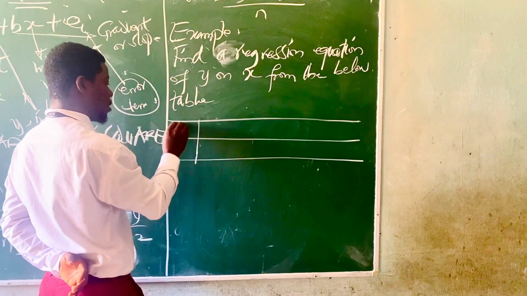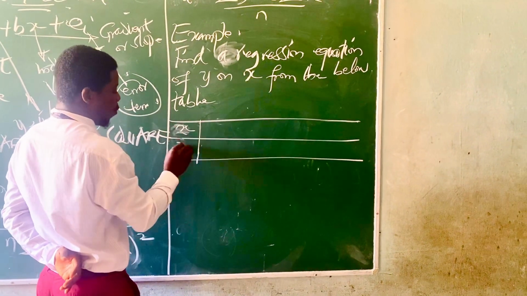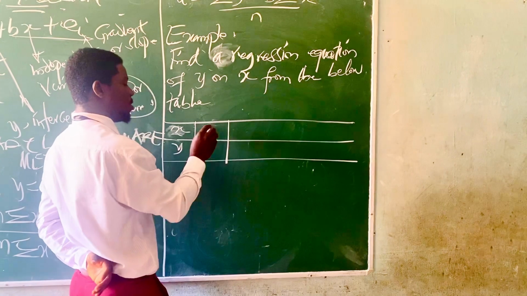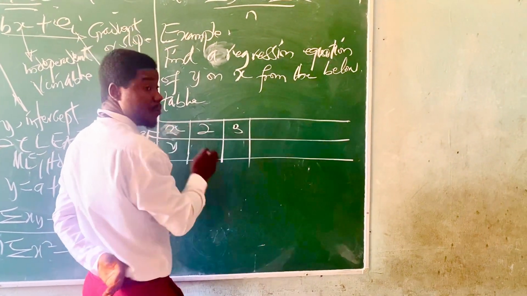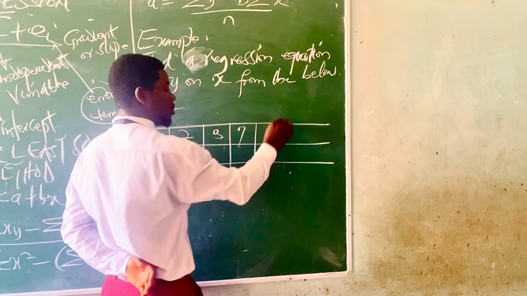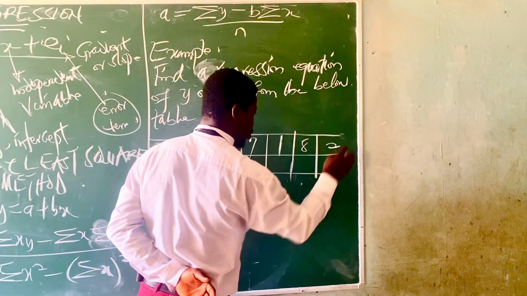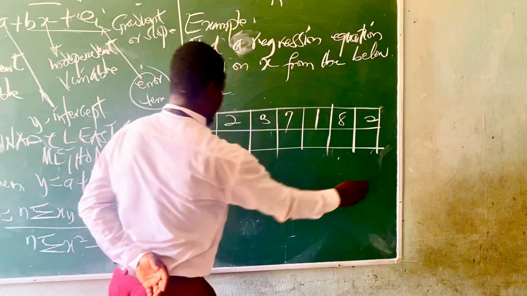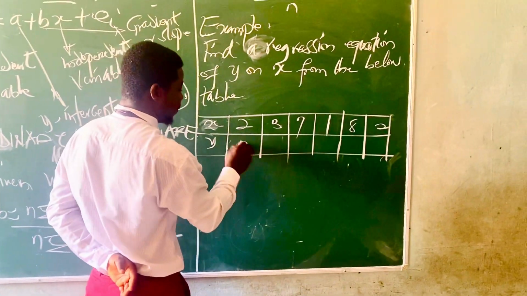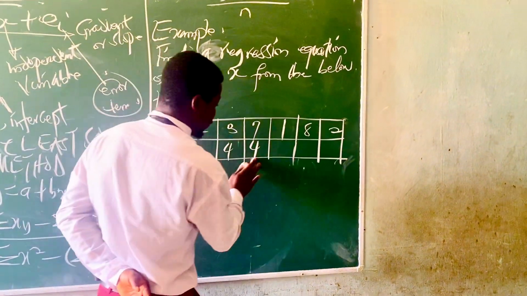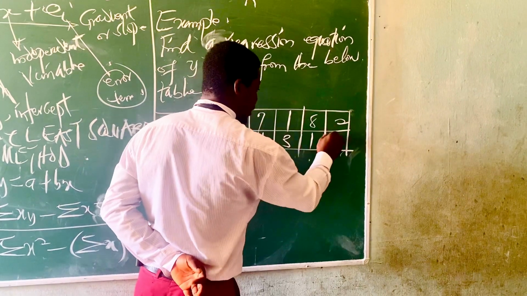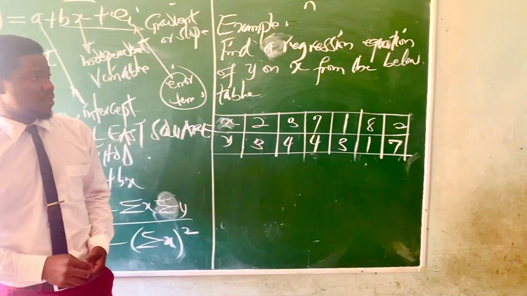Let's say you have your x and your y here. And of course, let's say you have 2, for instance. You have 3. Let's say 7, 1, and let's say 8, 2. Let's say here you have 3, 4, 4. Let's say 3, 1, 7, for instance.